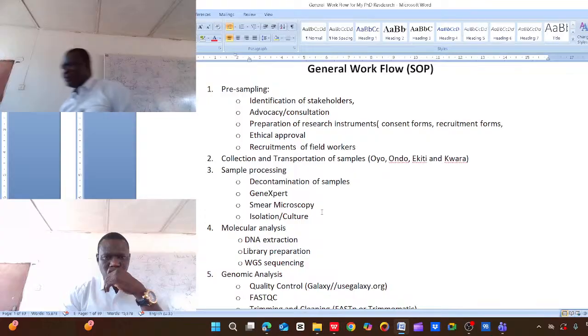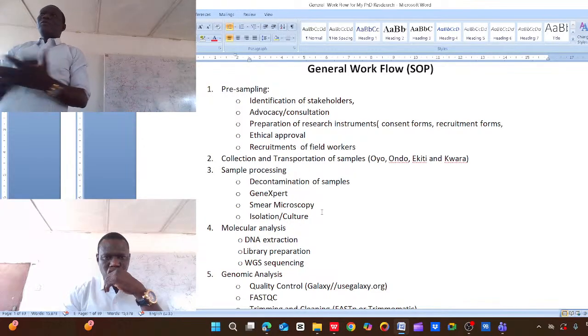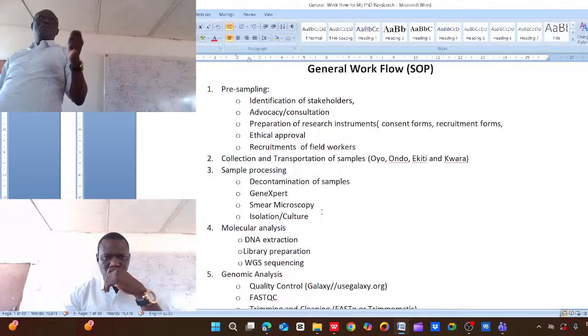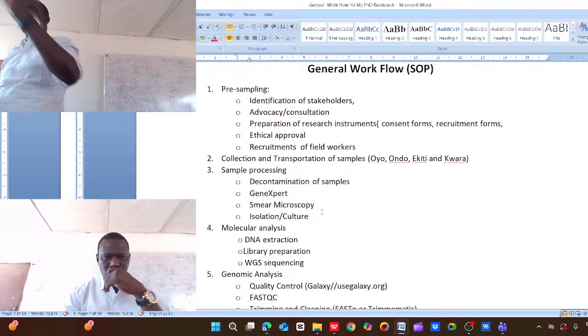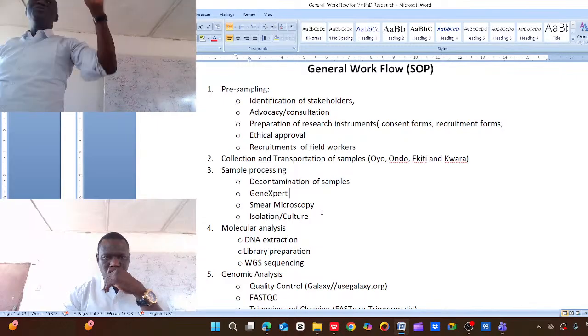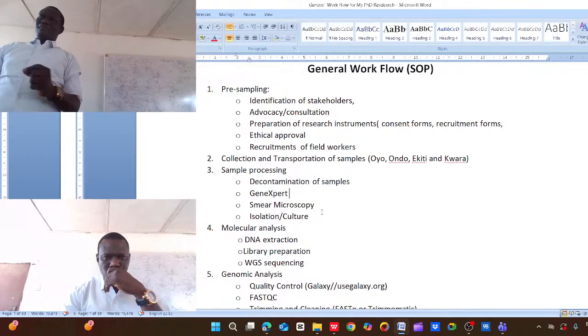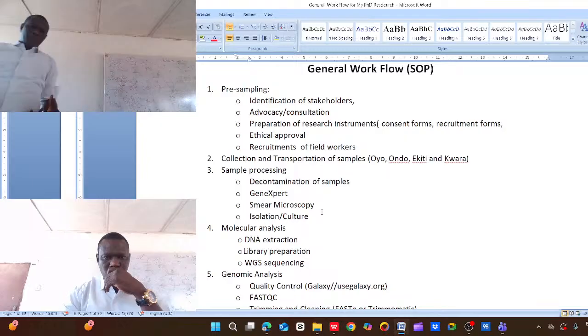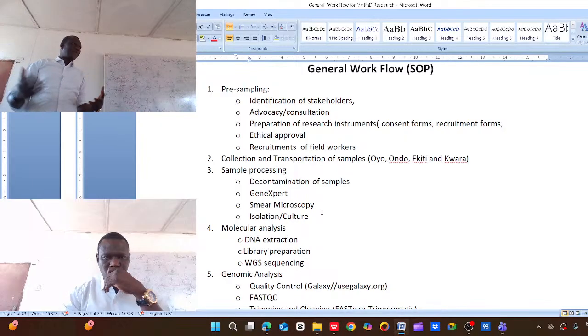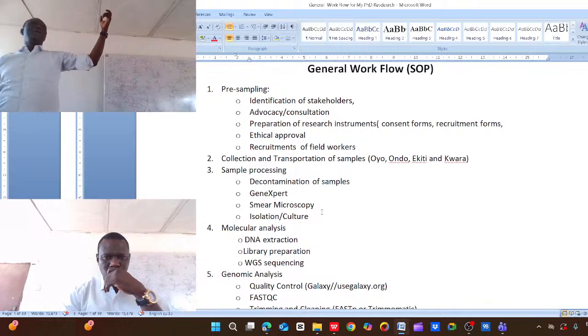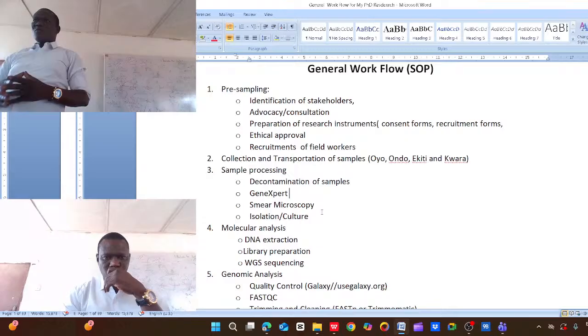For example, if you want to look at the antimicrobial resistance gene in a certain microorganism, it is good for you to get the whole genome sequencing, the totality of that. But some of you, what you have done so far is just retrieve the sequences in pieces.